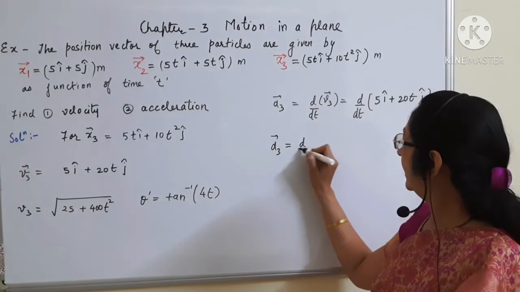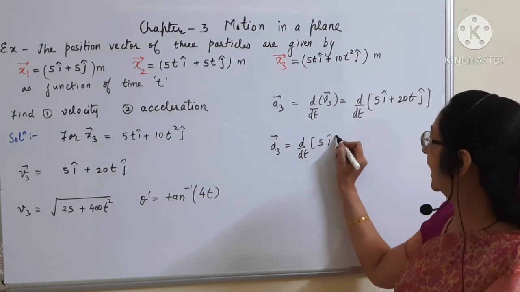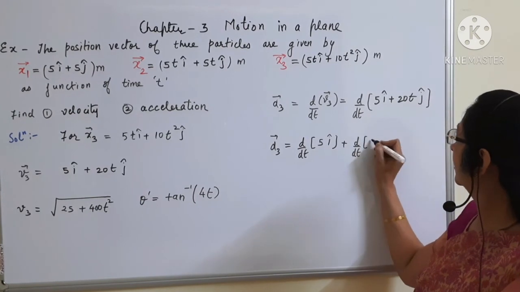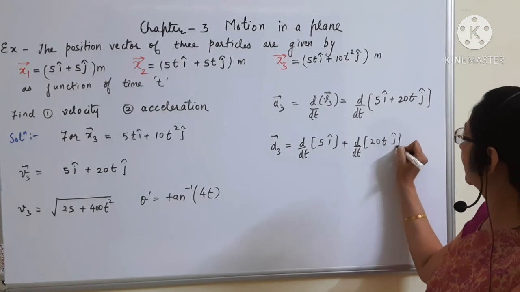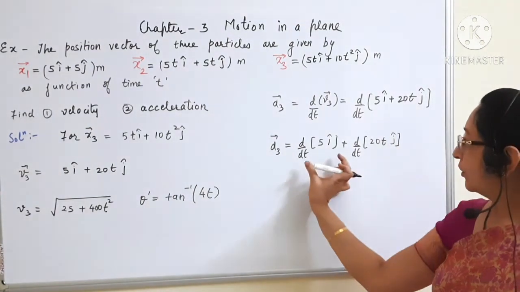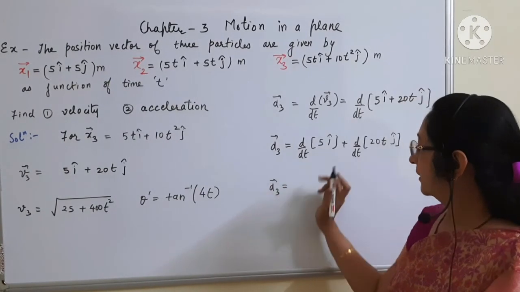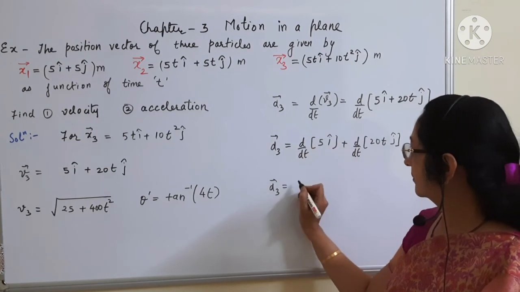So d dt of 5i plus d dt of 20tj. So again a3, this is a constant term.